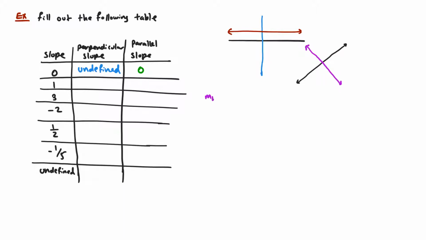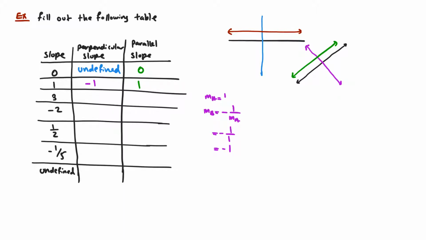If MA is equal to 1, then MB is equal to negative 1 over MA, which means it's negative 1 over 1, which is simply negative 1. So this slope is negative 1. And if it's parallel, it will have the same steepness and the same direction, meaning that it would be 1.